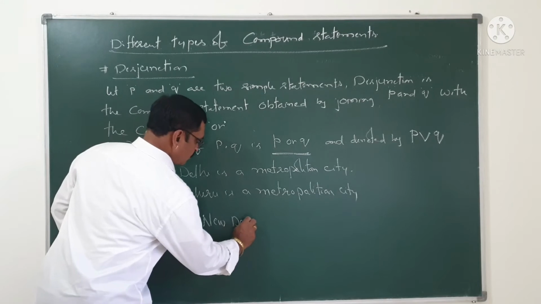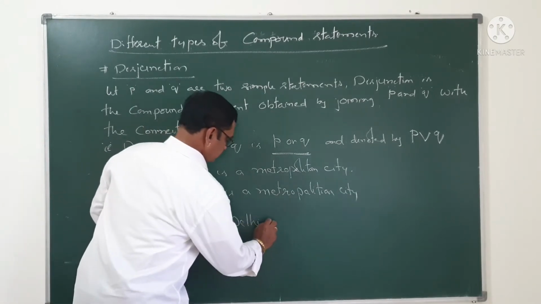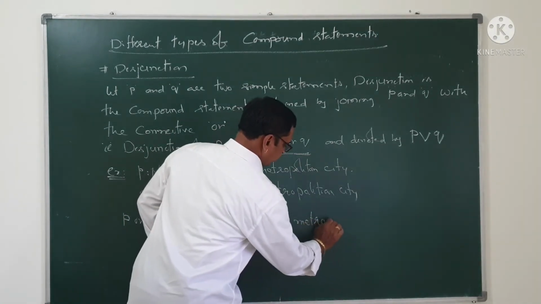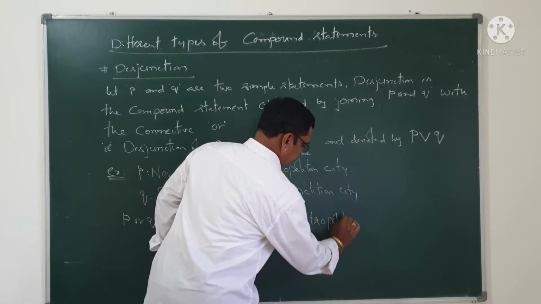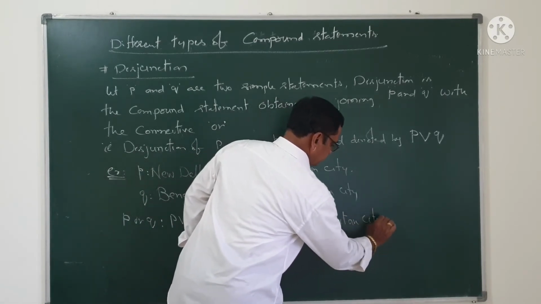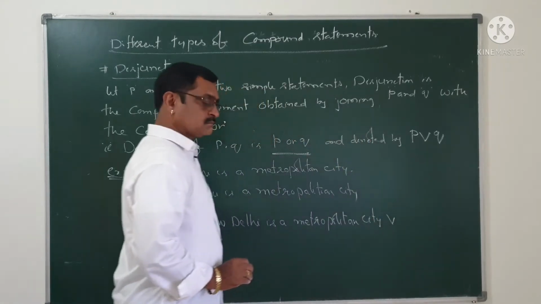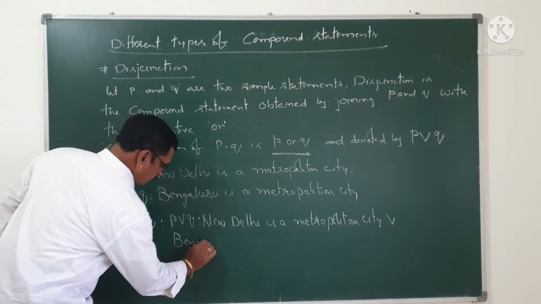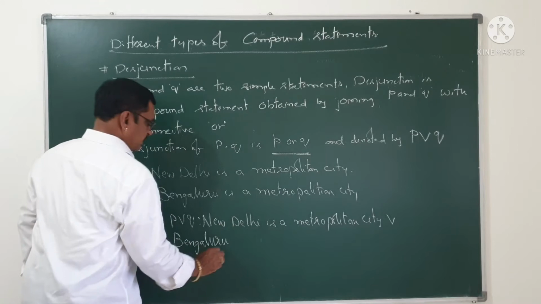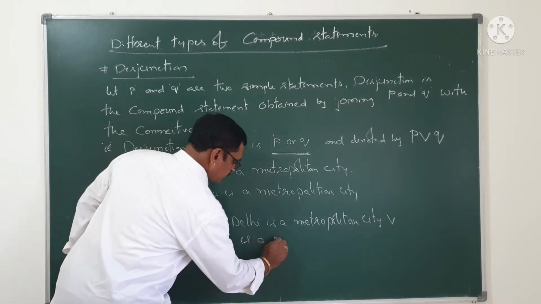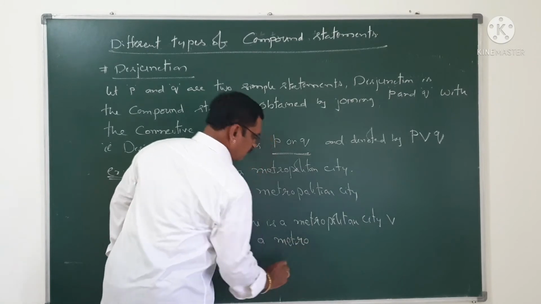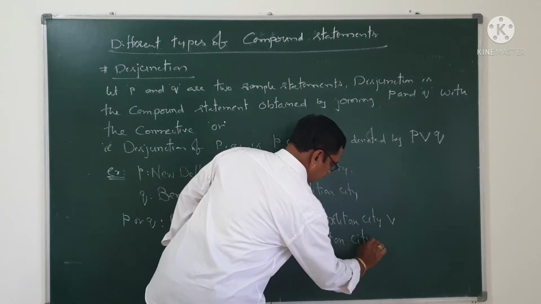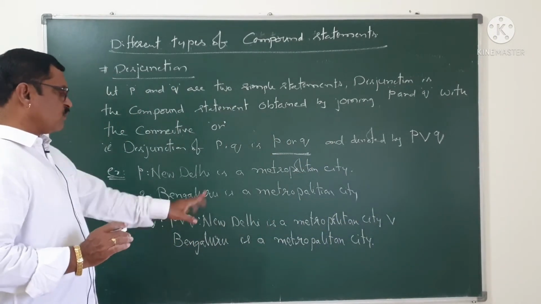Write both statements: New Delhi is a metropolitan city or Bangalore is a metropolitan city. That's all. Simply add both of them.